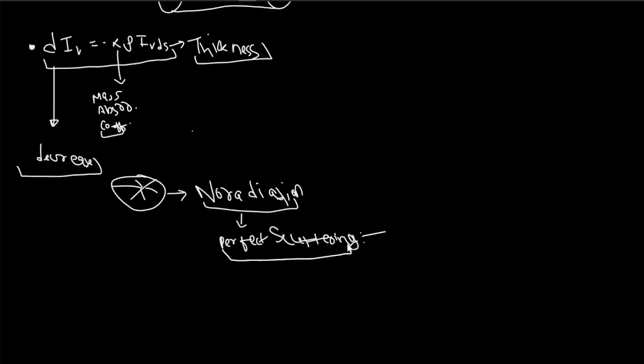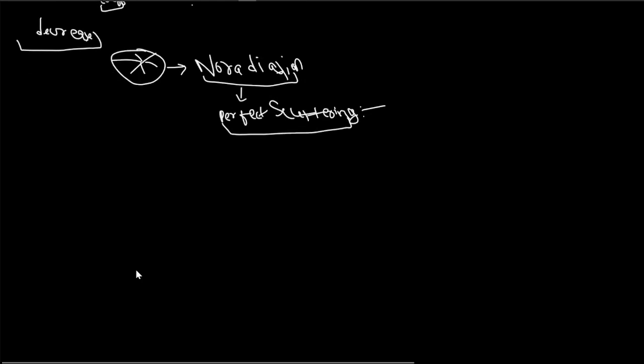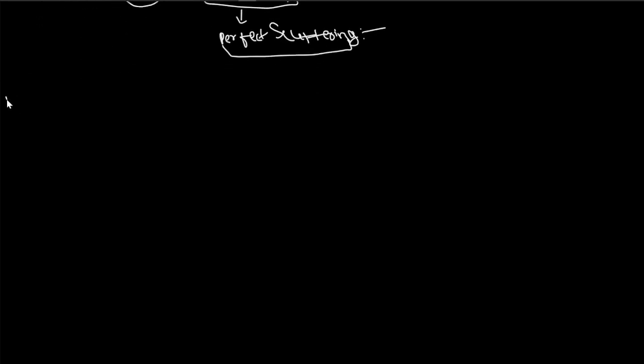Okay, so now we try to do this with some mathematical steps. We are going to put this perfect scattering into mathematics, so let's define the scattering of radiation. For scattering, let's define a coefficient K_ν, which is the scattering coefficient.